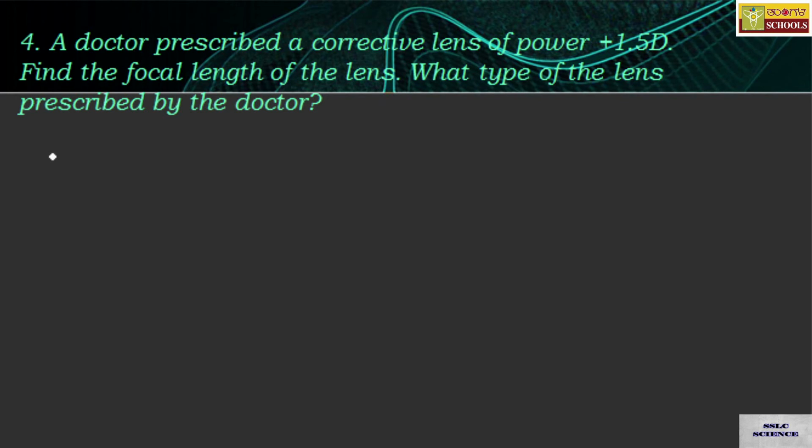I am hitting the last part of the problem, and hence the last part of the chapter as well. A doctor prescribed a corrective lens of power plus 1.5 diopter. Find the focal length of the lens.